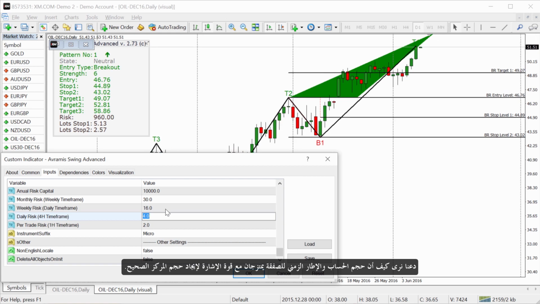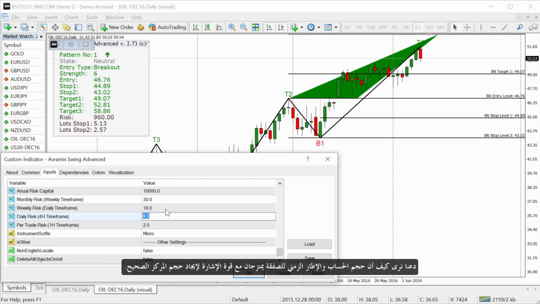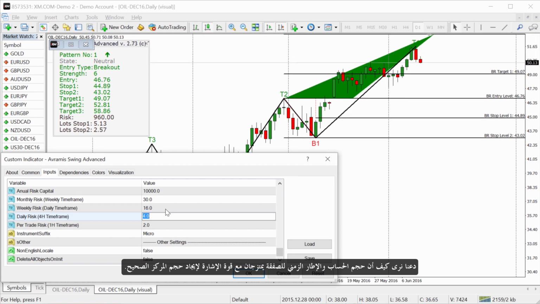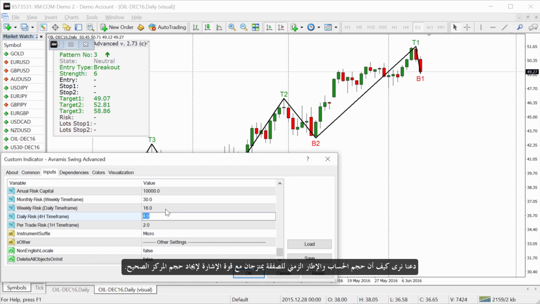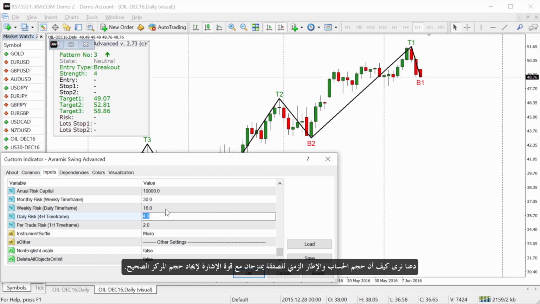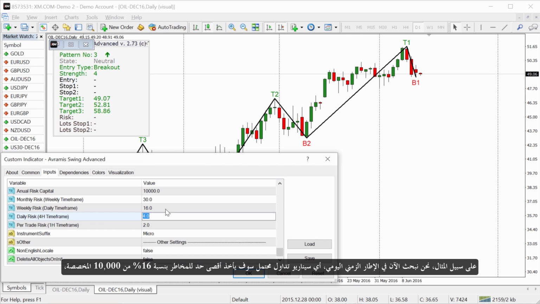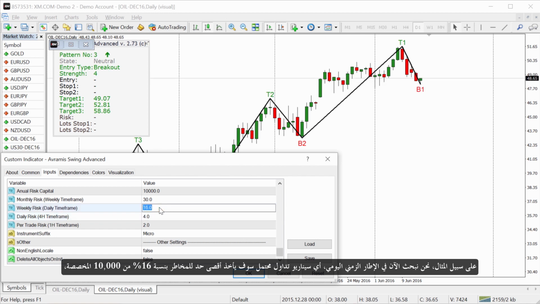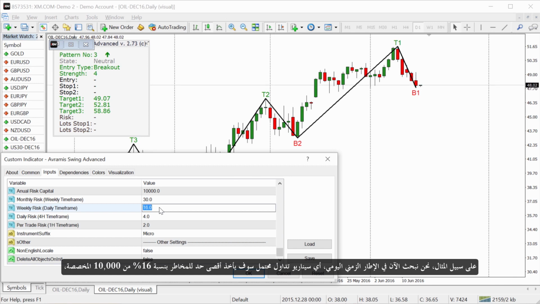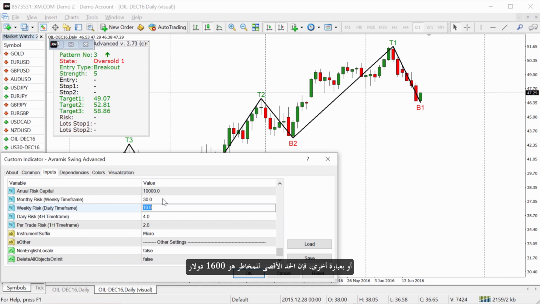Now, let's see how the account size, the time frame the trade is on, mixes with the strength of the signal in order to find the correct position size. For example, now that we are looking at the daily time frame, any possible trading scenario will take a maximum risk of 16% of that $10,000 allocation, or in other words, a maximum risk of $1,600.